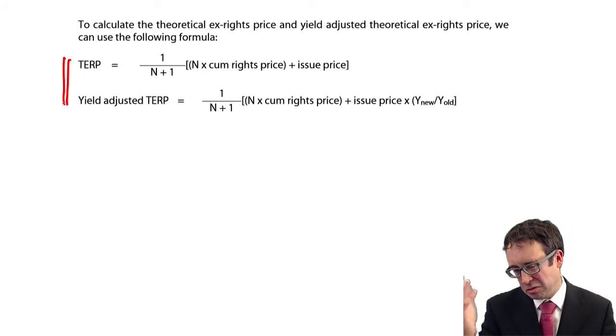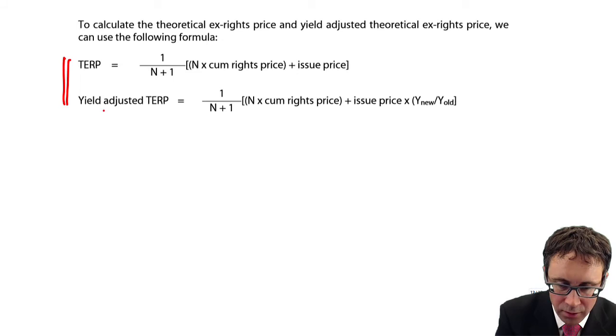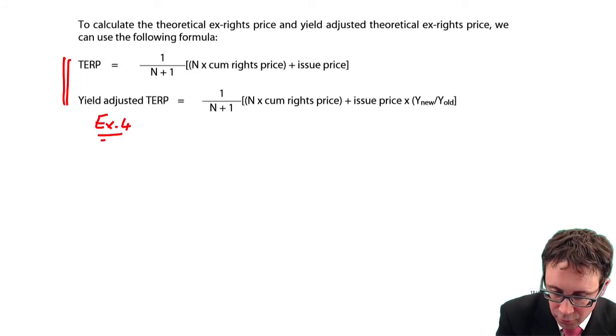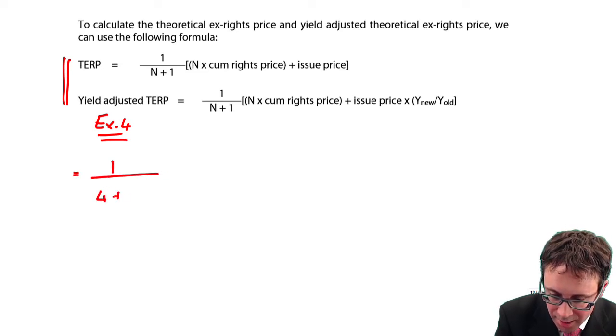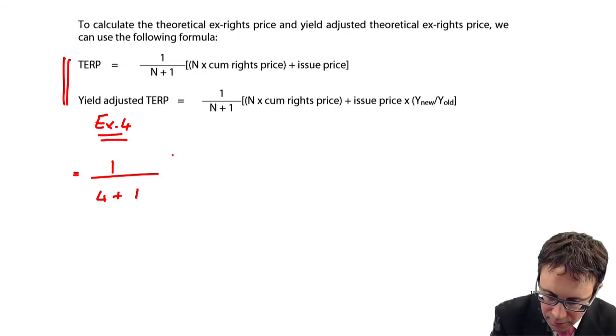Should we do one? Yeah, we'll just do it. So we'll work out this one, the yield adjusted ex-rights price from example number 4. So 1 over n plus 1, where n is the number of shares that you currently own, so 4.